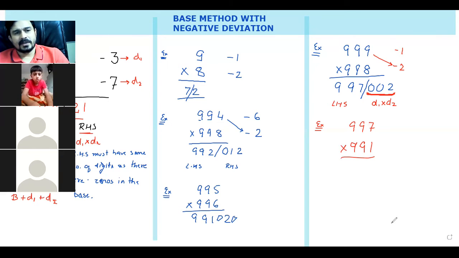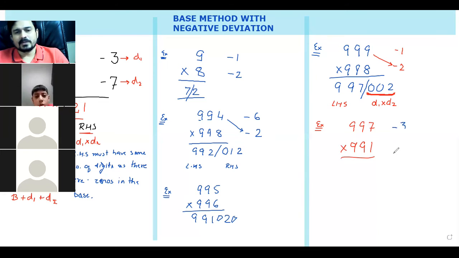No, it's not the right answer. 9807. No, this is not the right answer. And you have to give answer in chat box privately to me. You don't have to speak the answer.